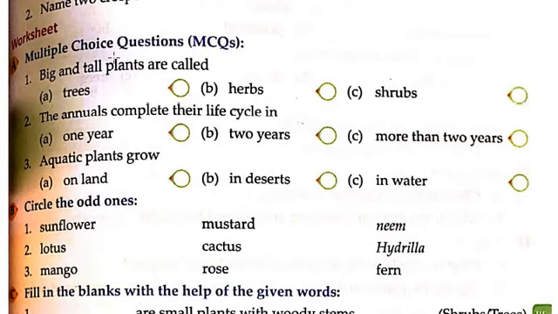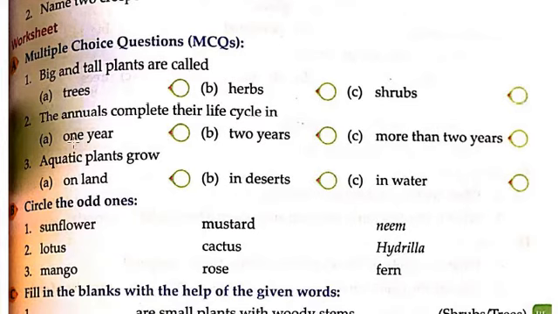Worksheet questions, multiple choice. Number 1. Big and tall plants are called trees, herbs, or shrubs. Trees, excellent. 2. The annuals complete their life cycle in 1 year, 2 years, more than 2 years.